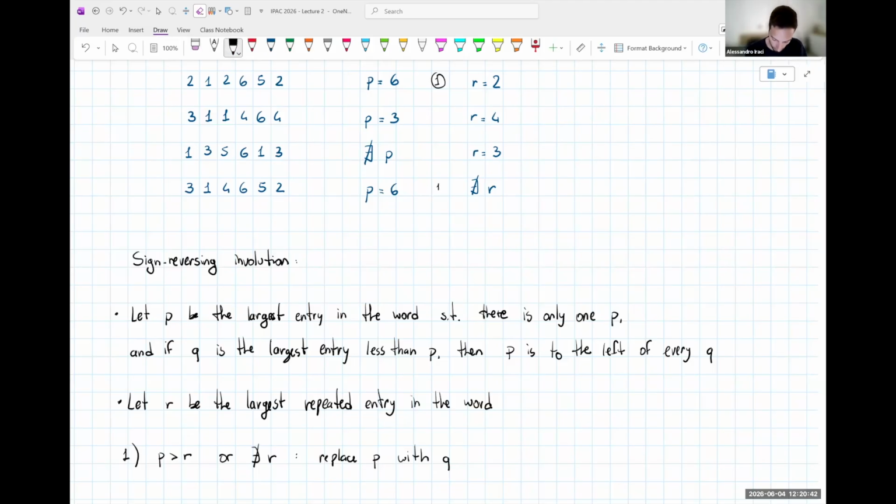P is 6 in both cases, and in both cases, Q is the largest entry smaller than P, which is 5. So we just replace 6 with the 5.